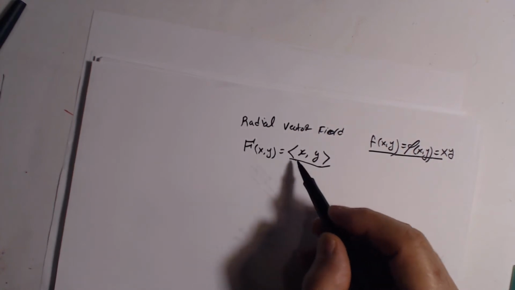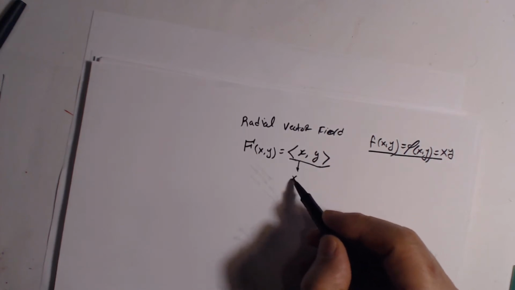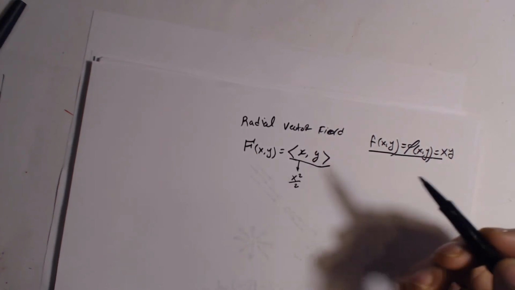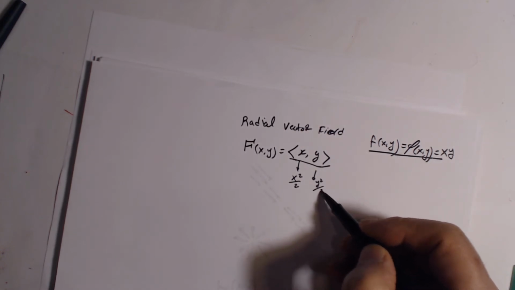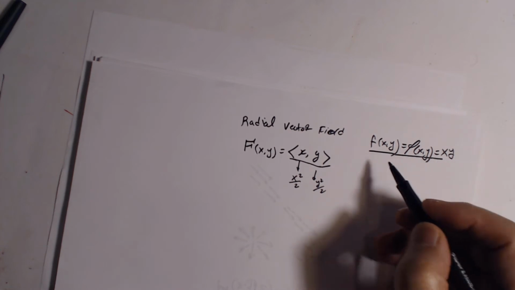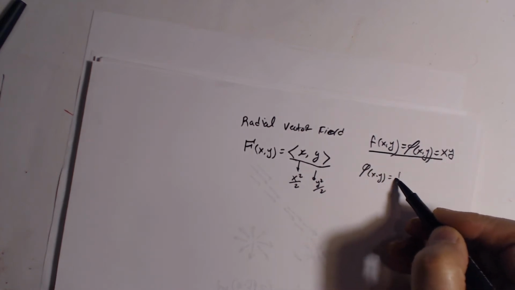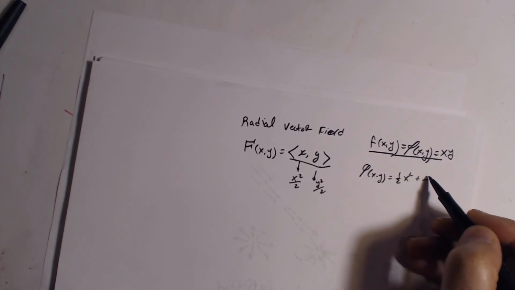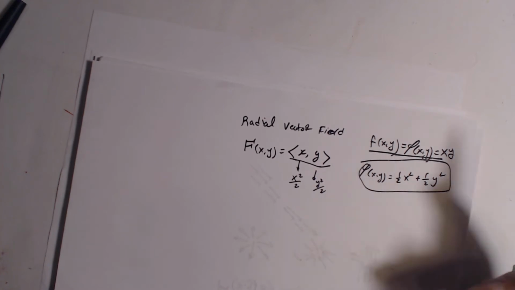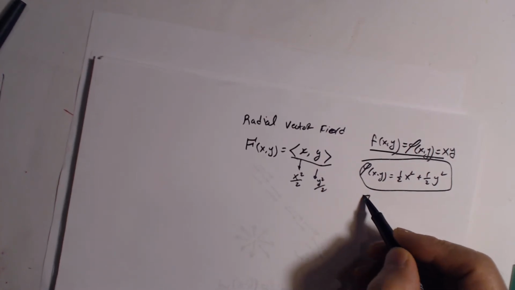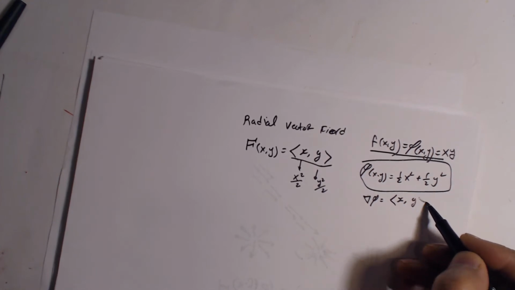Somebody said, is this conservative? Well, that's the partial with respect to x. Therefore, I'm going to undo it. That's the partial derivative with respect to y. I'm going to undo it. Therefore, I bet you there was a function which was 1/2 x squared plus 1/2 y squared, that if I find its gradient, it will become x and y.